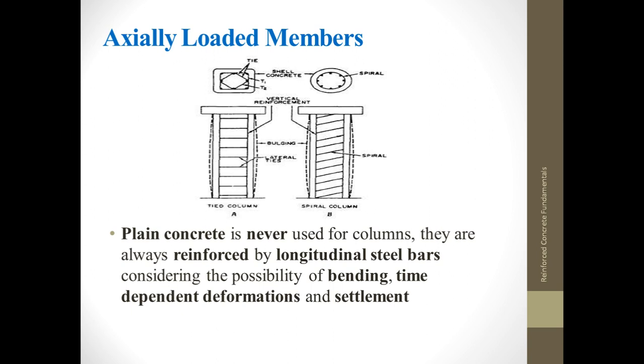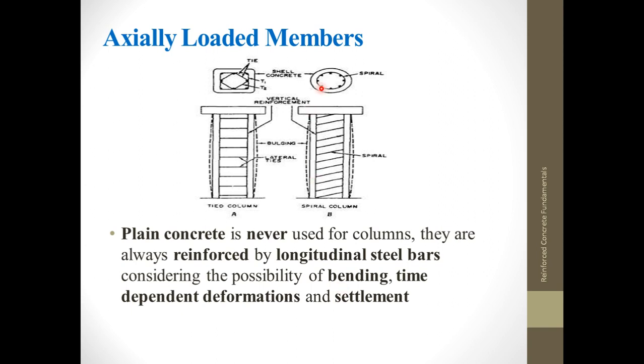Let's go back and revise our knowledge in reinforced concrete. Now you know that we actually never use concrete without any reinforcement. Since columns are also reinforced concrete members, they are always reinforced by longitudinal steel bars. We indicate the longitudinal reinforcement in the drawings like dots going into the page.